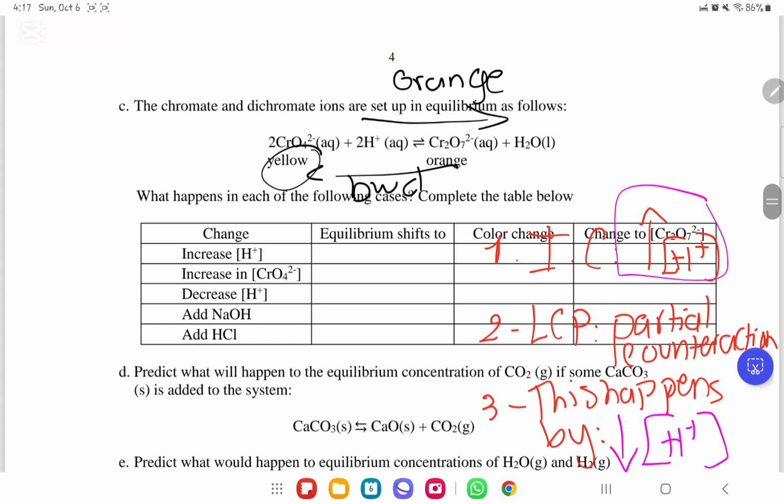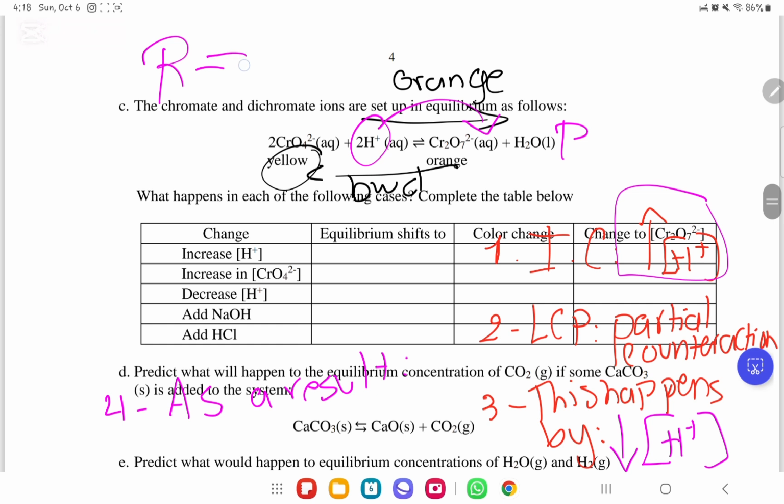And finally, as a result, if we are going to decrease the concentration of H+, we will need to give some of the concentration to the opposite side, so it will give concentration to the products here. The equilibrium will shift from the reactants to the products, so it is a forward or right shift. So it shifts to the right.